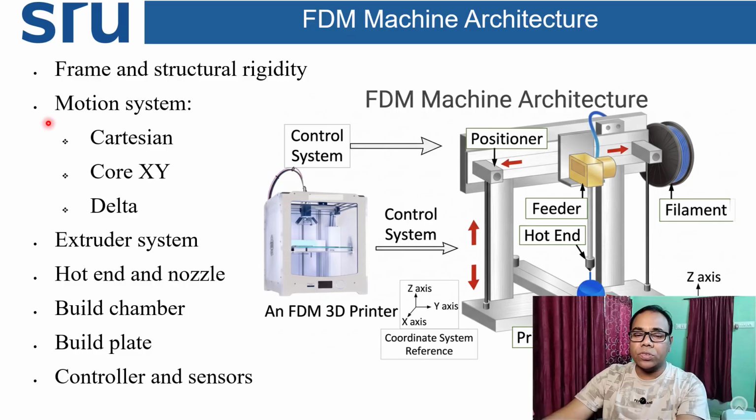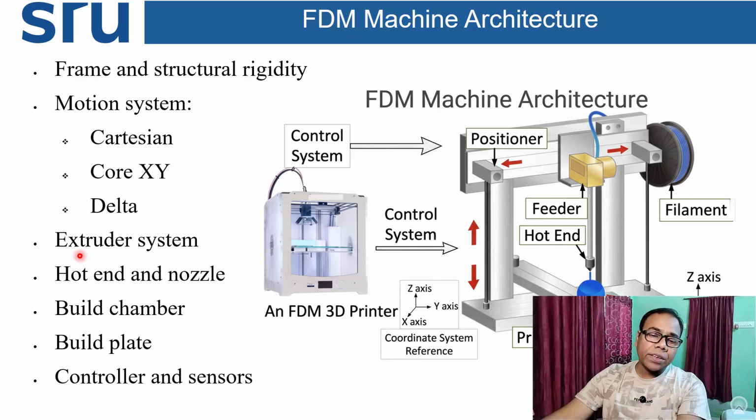Coming to the motion system, we have already discussed that in this printing architecture we are using the Cartesian coordinate system. In that, the x coordinate, y coordinate and z coordinate are all mutually perpendicular to each other. Similarly, other motion systems could be like core xy, or the delta coordinate system.